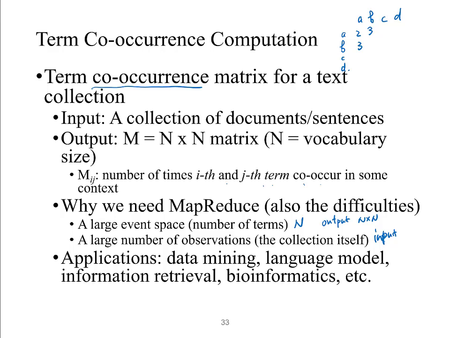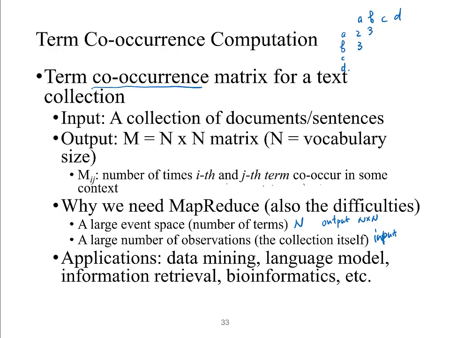So that's why we need MapReduce, because MapReduce can process such a collection of documents in parallel. This topic is widely used and researched in data mining, language models, information retrieval, or bioinformatics.